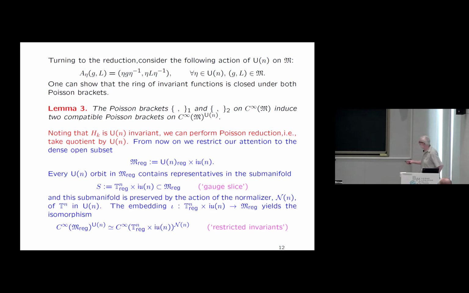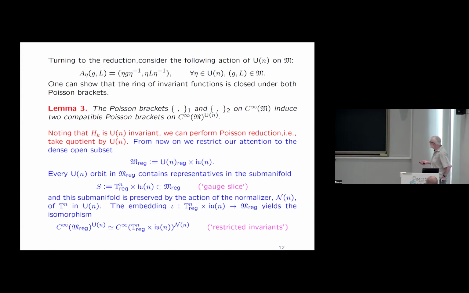This is UN reg. So this is a dense open subset of our phase space, and we just take the quotient of this regular part. Of course, every function can be recovered by its restriction there. So in a certain sense, we don't really lose information, but it is just a simplification.